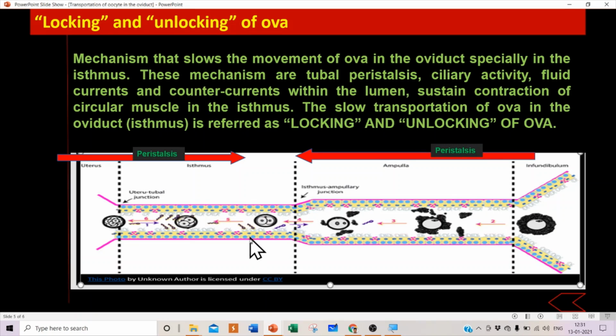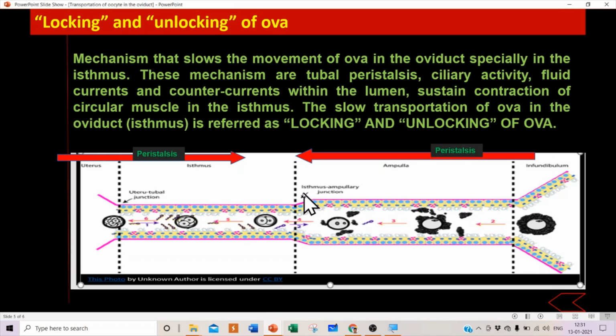The circular activity of the isthmus also facilitates slowing down of the oocyte, so that fertilization can take place, and the movement of the oocyte is also slowed after fertilization when it forms the embryo.